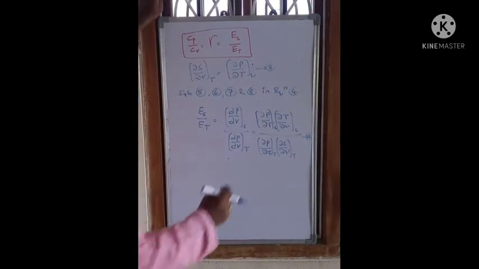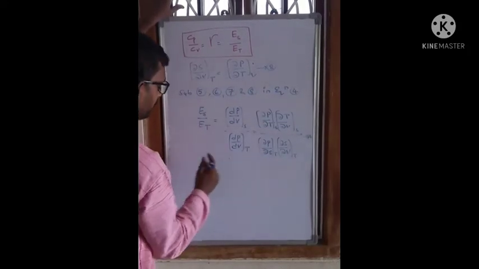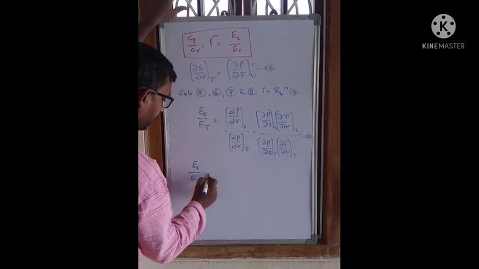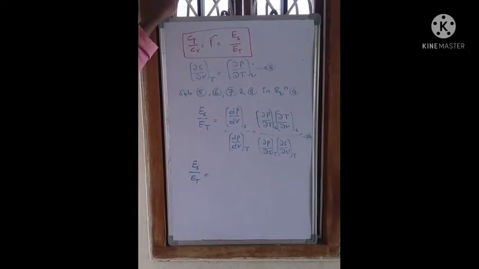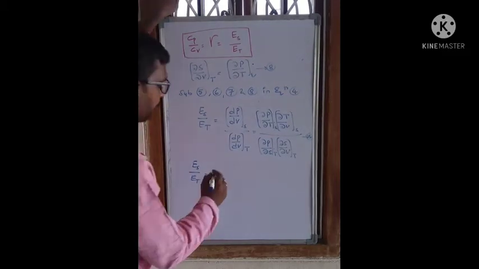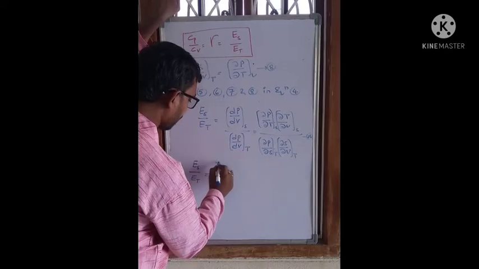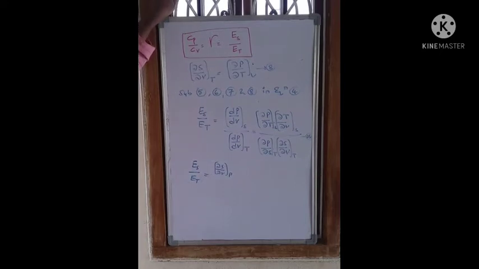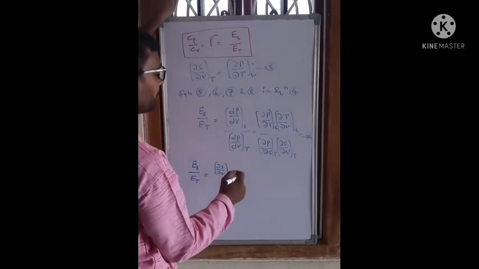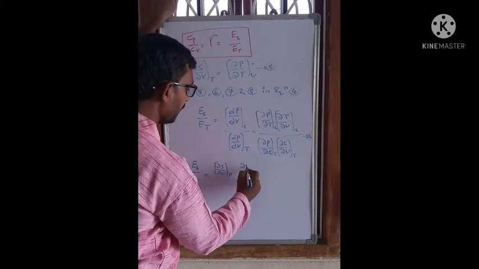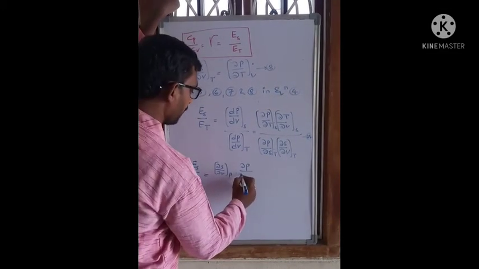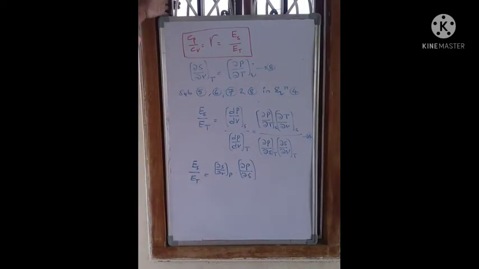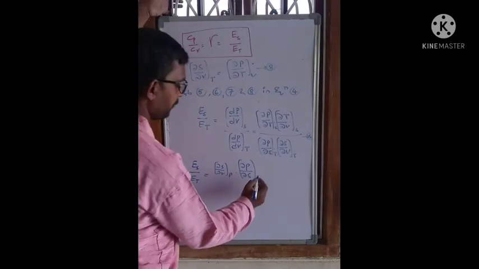If we substitute all these four equations in equation number 4, we get ES by ET equal to, in place of ∂P/∂T, ∂S/∂V at constant pressure, into ∂T/∂V, which can be written as ∂P/∂S at a constant volume.